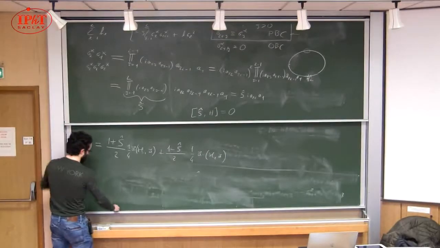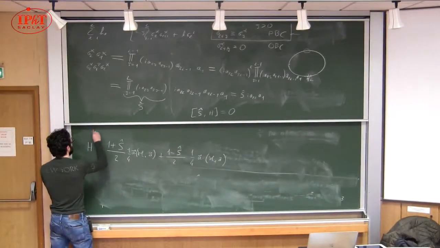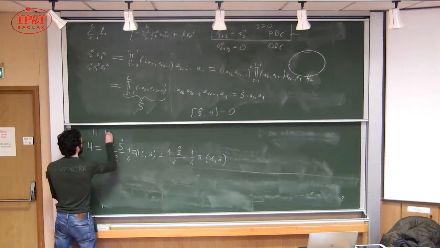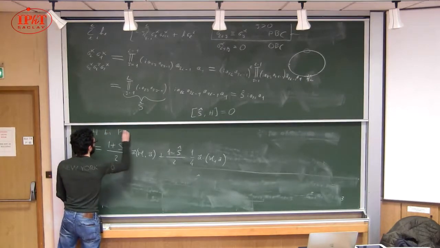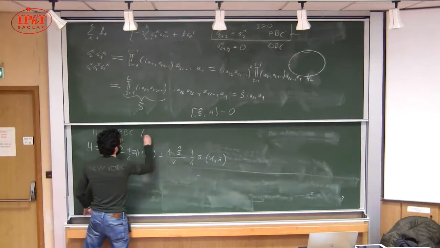Here we are assuming that the Hamiltonian H has periodic boundary conditions in space.